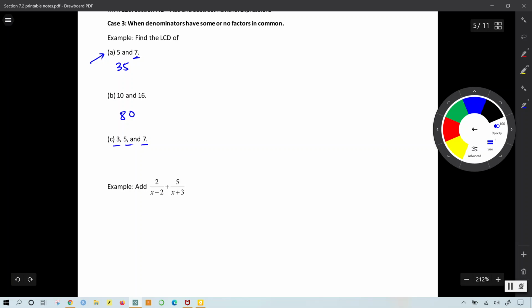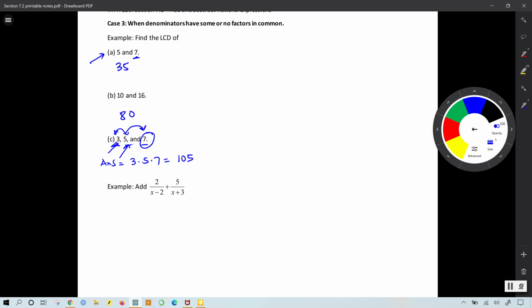What about 3, 5, and 7? Sometimes it might prove a little difficult to find exactly, or it might take a longer time to find a multiple of 7, or the biggest number that the two smallest numbers can divide into. When that happens, one of the last resorts that you might have is to take the answer to be 3 times 5 times 7, which is 105.